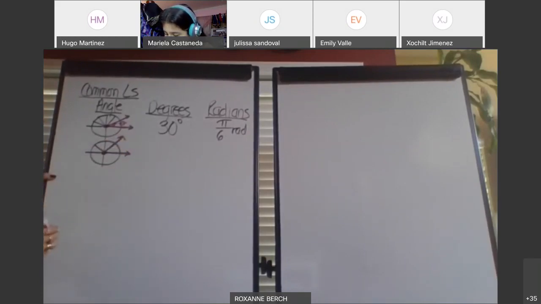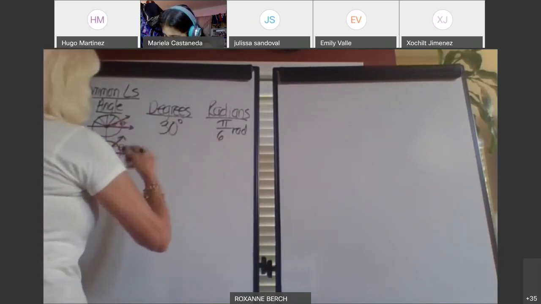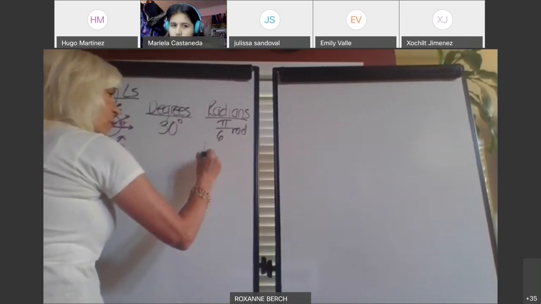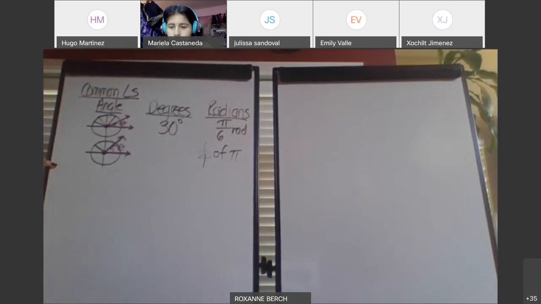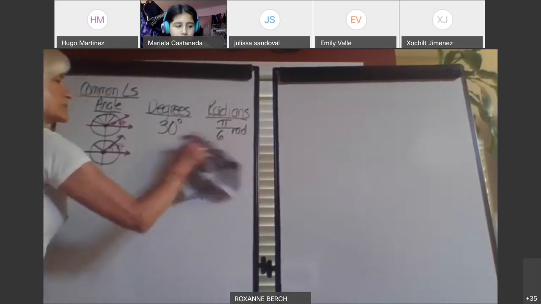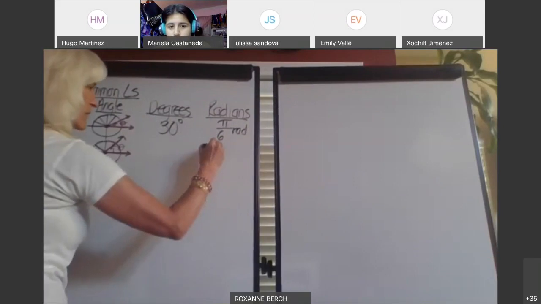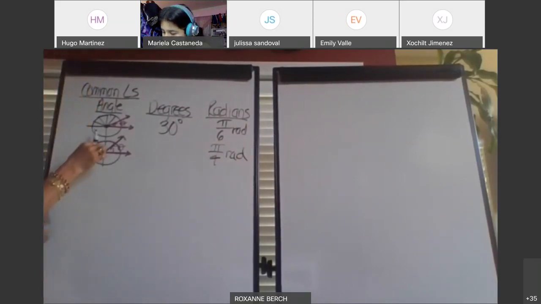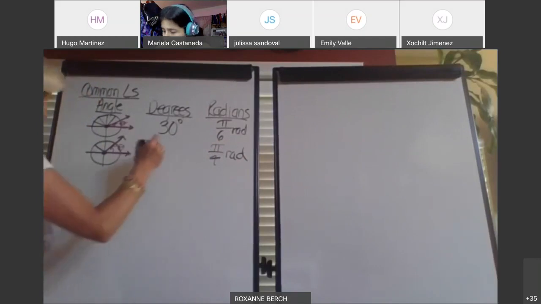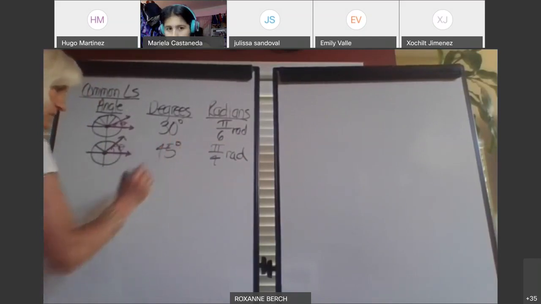Notice that I am drawing rays, not line segments. I'm showing the rotation with an arrow, and I'm naming the angle. So if we have 1/4 of pi, that would be pi over 4 radians. And that is actually half a 90, which is 45 degrees.